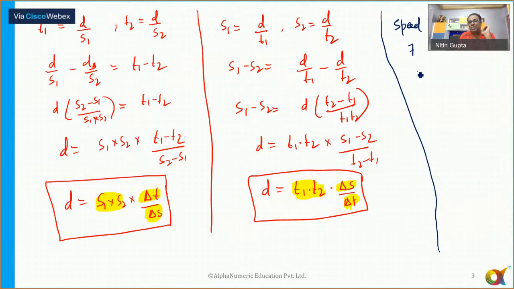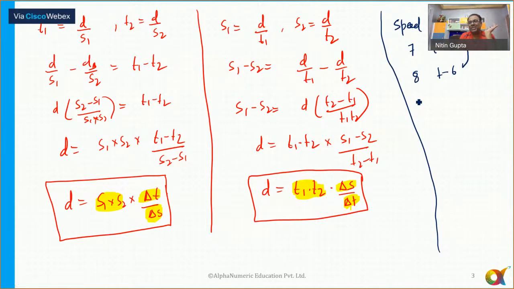And when I'm traveling with a speed of 8, I'm reaching 6 minutes early, minus 6 here. So these are the two different speeds and the two different times. What is the time gap between these two? That is plus 9, minus 6, so the gap is 15.